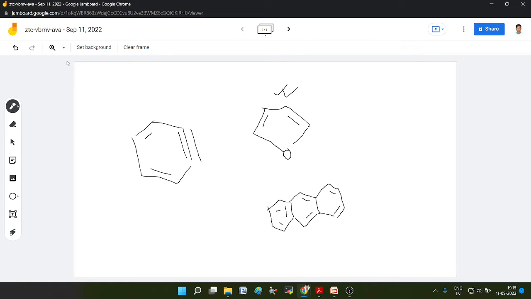How do you show it? It is very simple. Let me show it in a different way. So this is the situation. Now I will just show the arrow pushing mechanism, which is pretty easy.